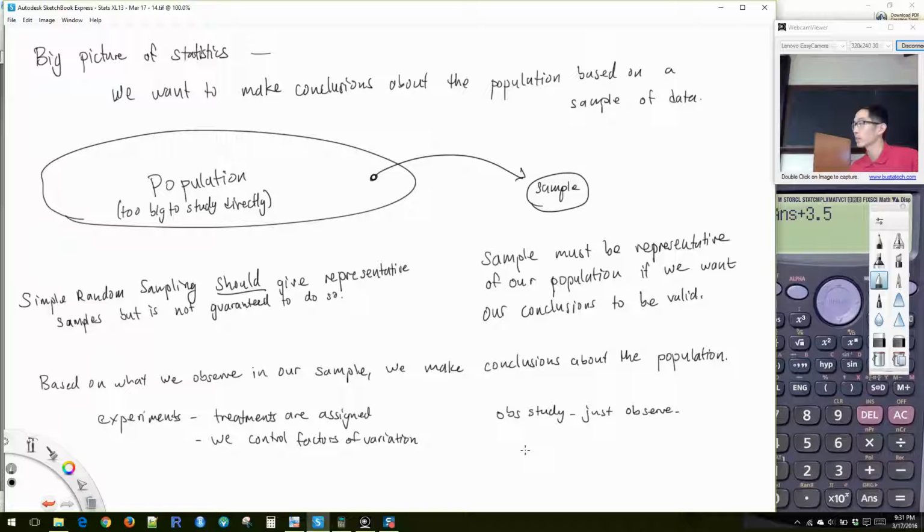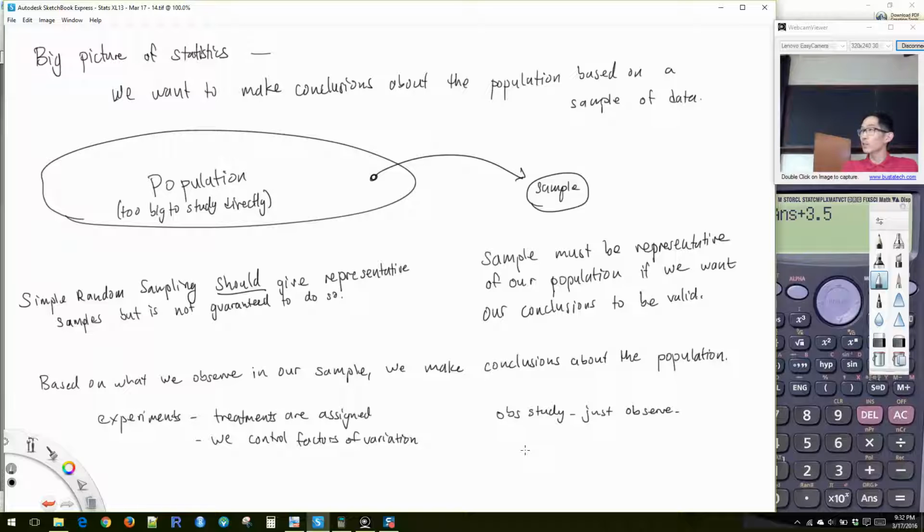For observational studies, you can only make conclusions, there's a problem like this in the homework. You can only make conclusions based on what you observe. Association. Yeah, so with observational studies, you can only make statements about association.